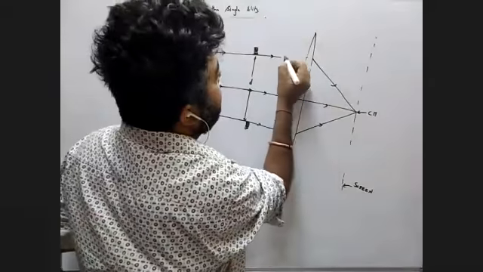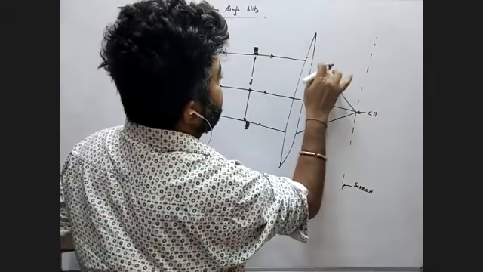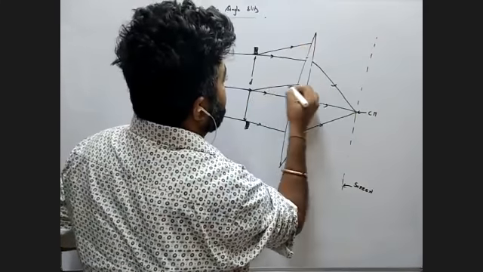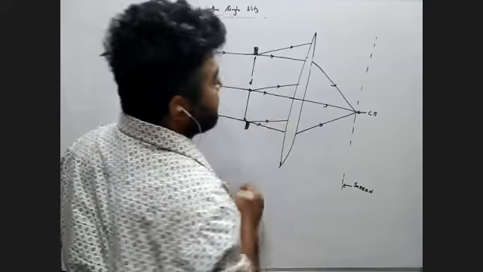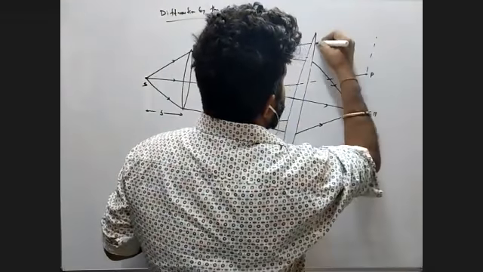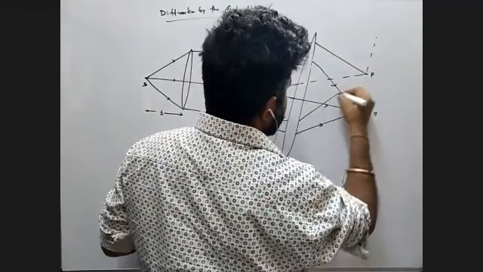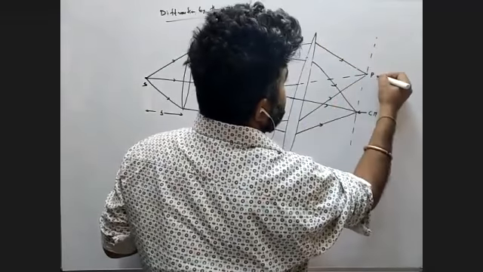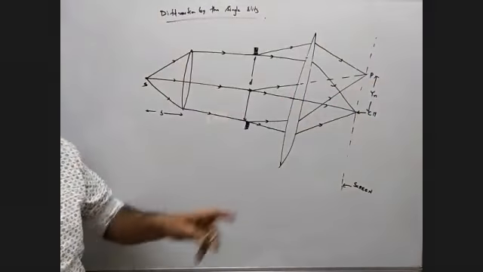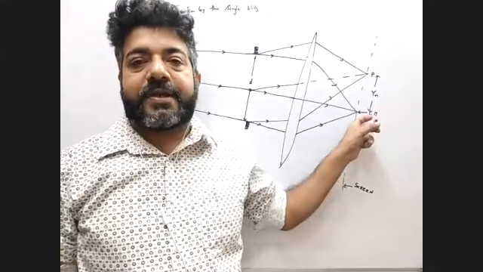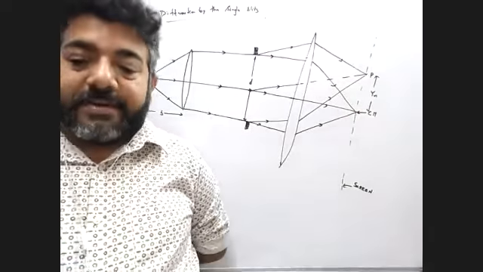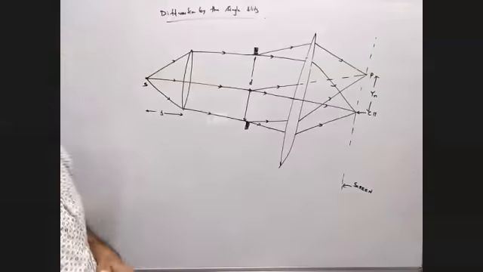And here the light is bent with some angle. If these are superimposed at this point, let the point be yn. If this is the central maximum, then this is the position of the first secondary minimum.